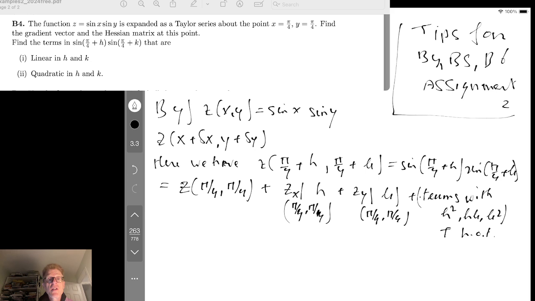So in the question, the first part is 1 and the second part is 2.